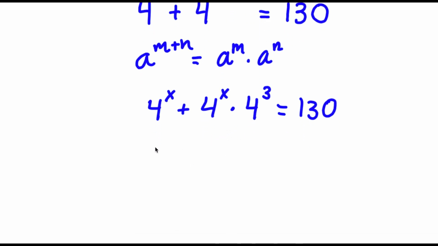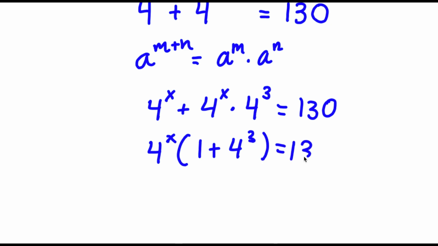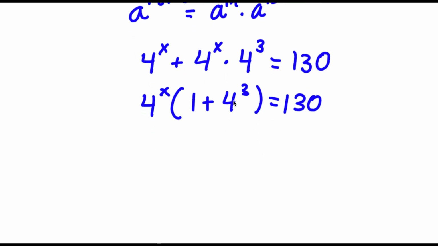Now I'm going to factor out 4 to the power of x, so I get 4 to the power of x times 1 plus 4 to the power of 3 is equal to 130. Now 4 to the power of 3, this is equal to 4 times 4 times 4, which is 4 times 4 is 16, 16 times 4 is 64.